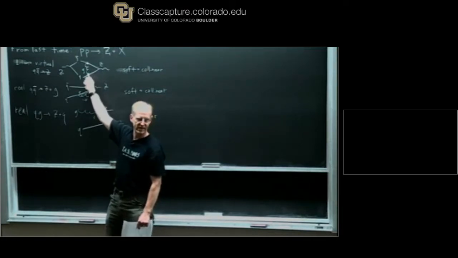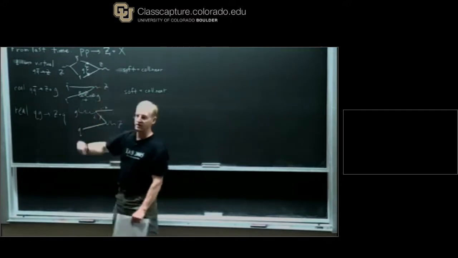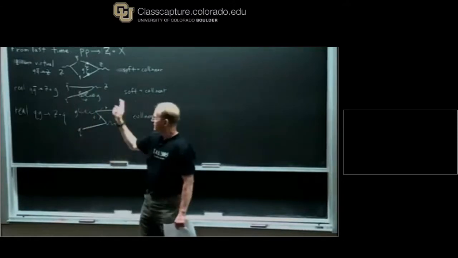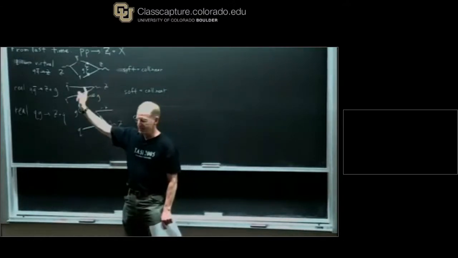Actually, it's the only diagram in dimensional regularization. It turns out that the other guys vanish. So we interfere these two with each other. So that's the form of the virtual corrections.